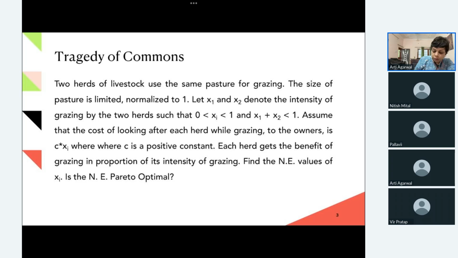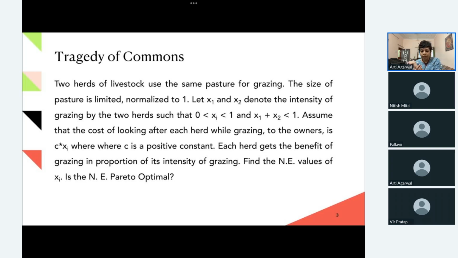So this is the subtext which goes into these kinds of problems when they give you the intensity of grazing, or when they explain the amount of effort you're putting in to reap or mine or harvest something. All those are the same type of things.